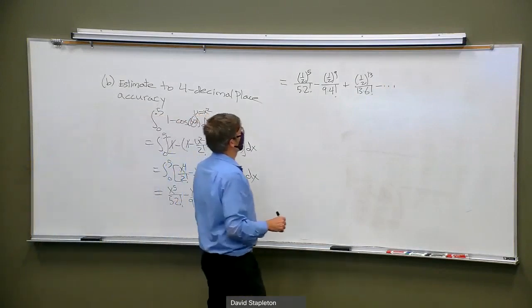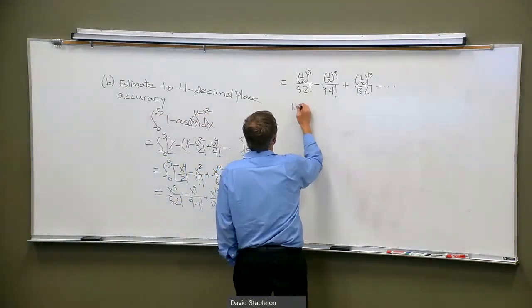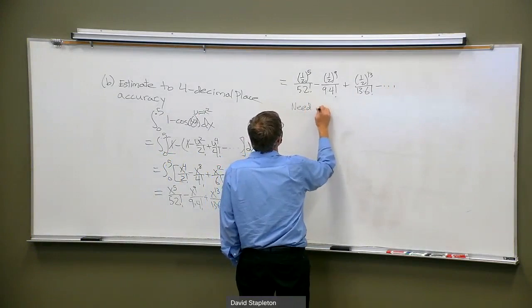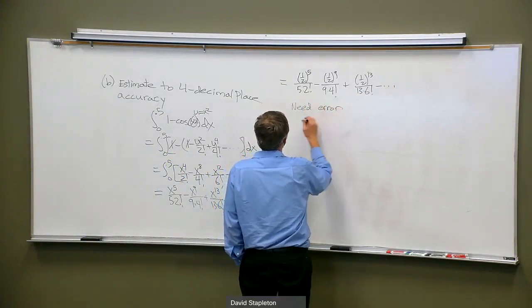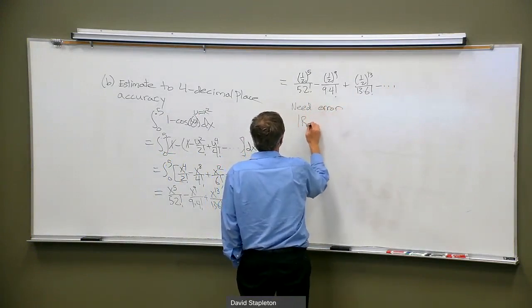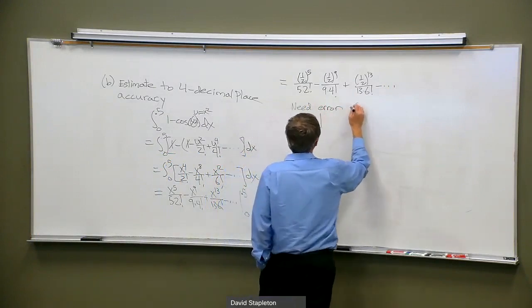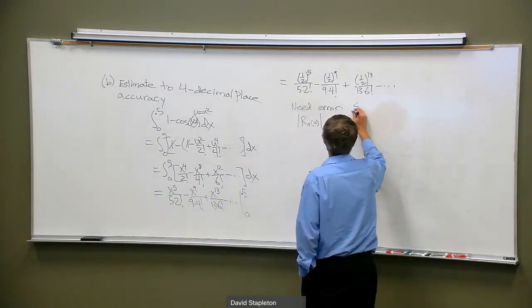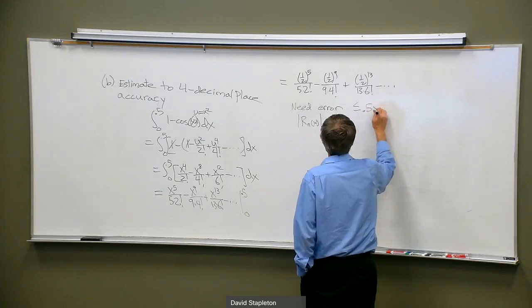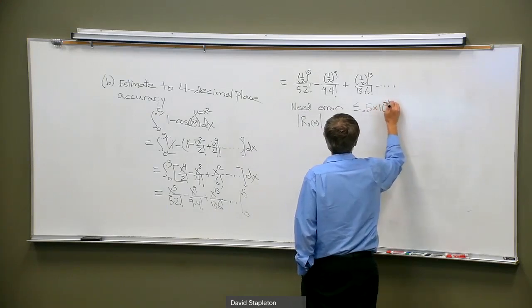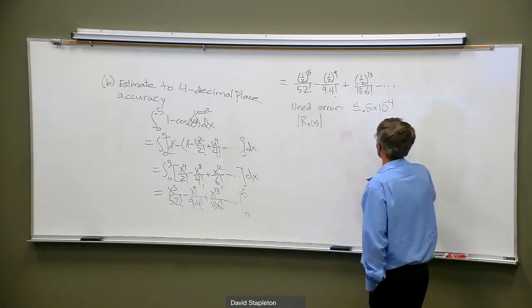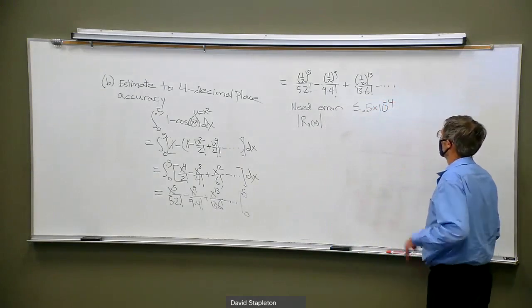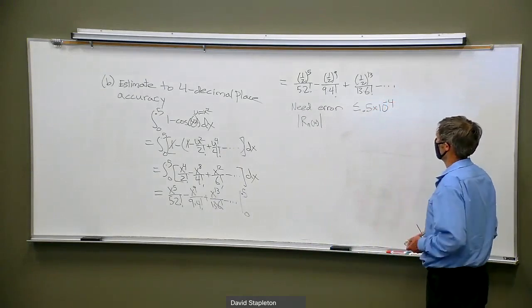We need the error, which is the absolute value of the remainder, less than or equal to 0.5 times 10 to the minus 4 to get 4 decimal place accuracy. So a 5 in the 5th place after the decimal point is 4 decimal place accuracy.